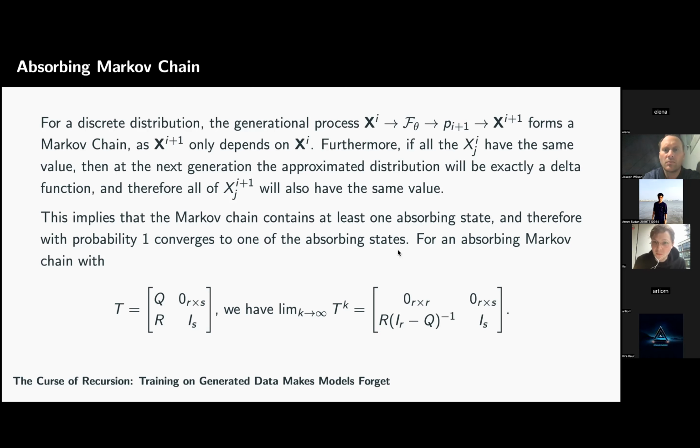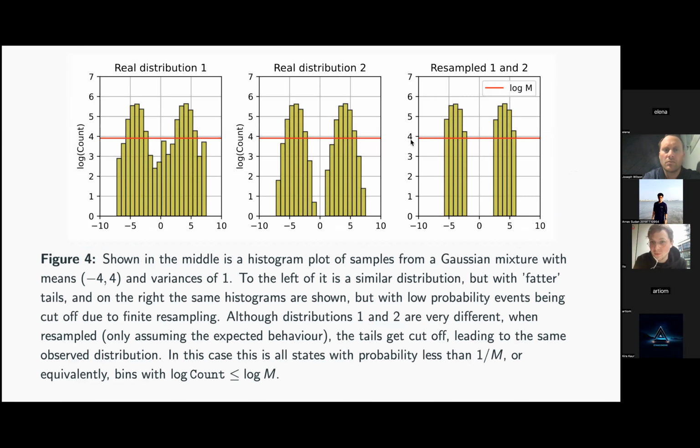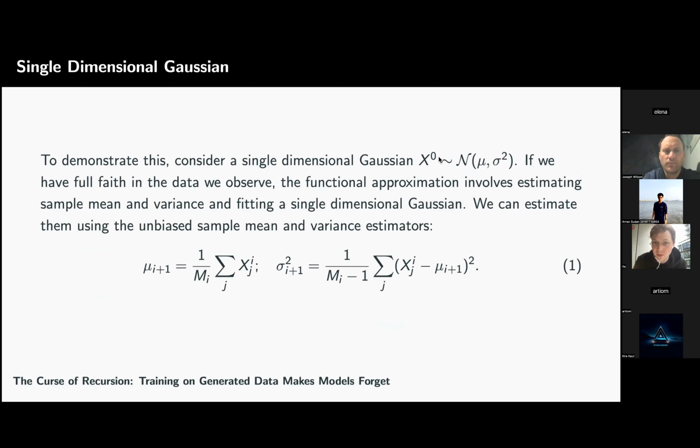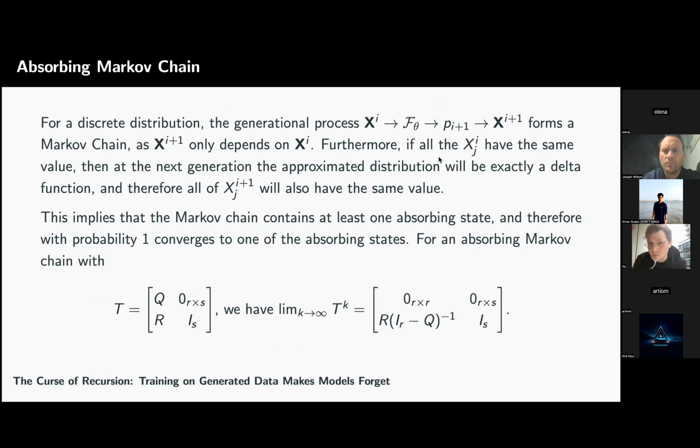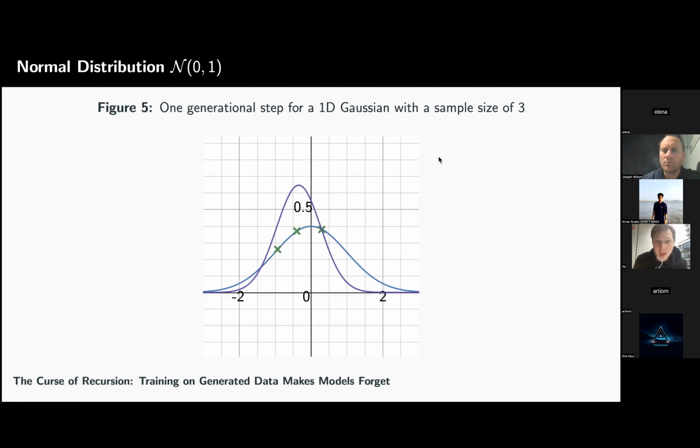I.e., over time, because of the procedure of losing tails and repeating the process of sampling and fitting, we are supposed to arrive at the point where all of the tails disappear, and we are just left with a single delta inside of it. I'm not sure there is much need to talk about this, but if anybody has any questions, you can put them in chat later on.